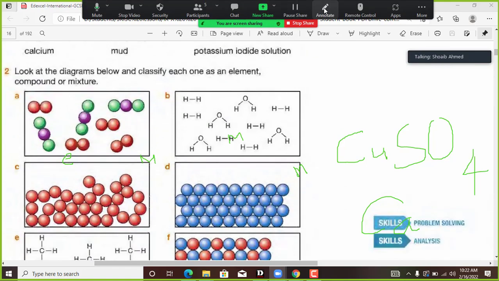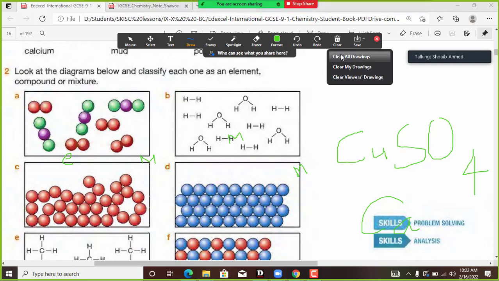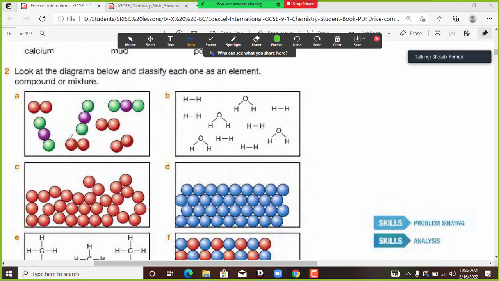Next, this one is A. Is it a compound, mixture, or element? Here, same type of atoms joined together is an element. Different types of atoms joined together is a compound.